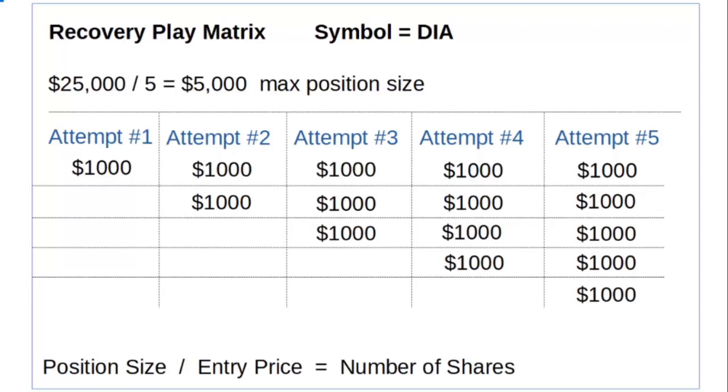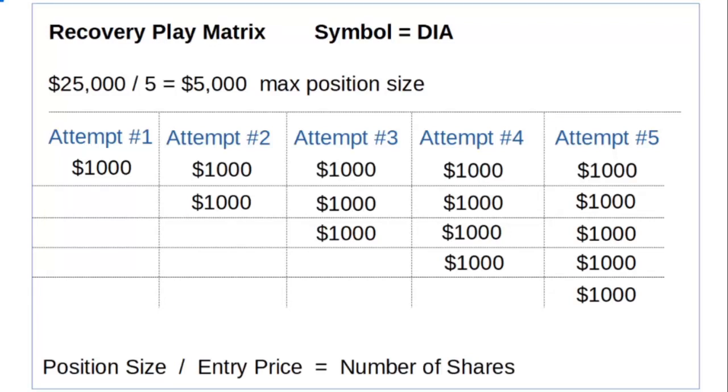So if you can, in your mind's eye, you can see that you can almost not lose on this if you follow this statistically based type of an approach. And I would say that anywhere from 2 to 3 attempts, you're going to catch the recovery play.